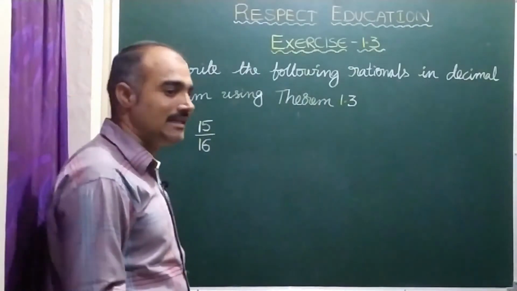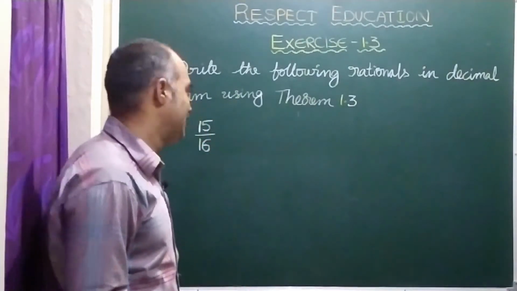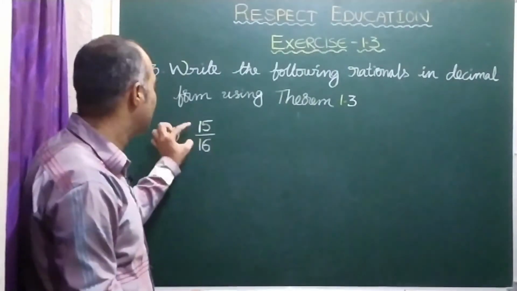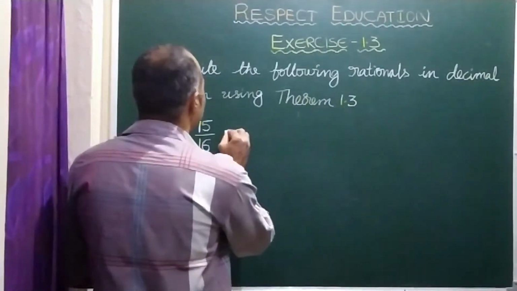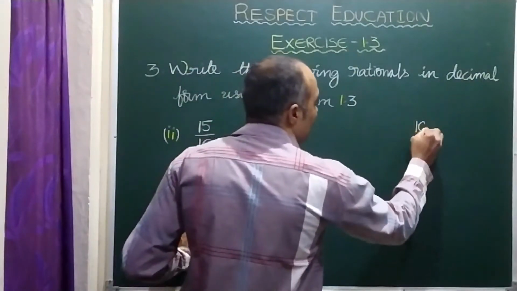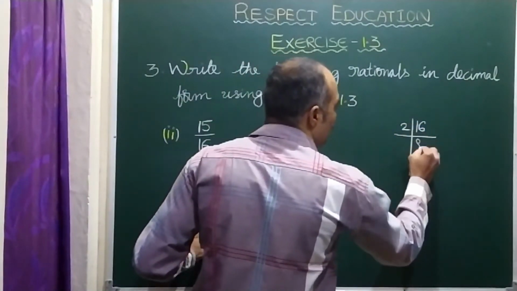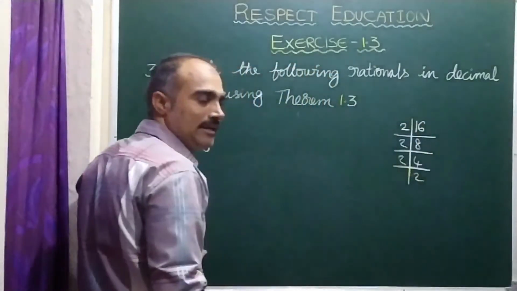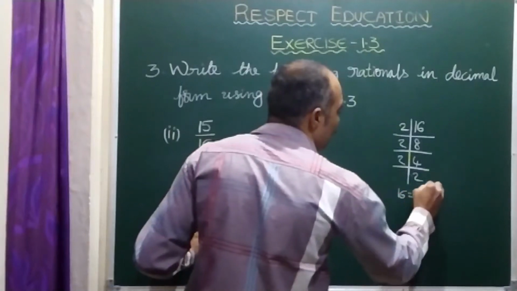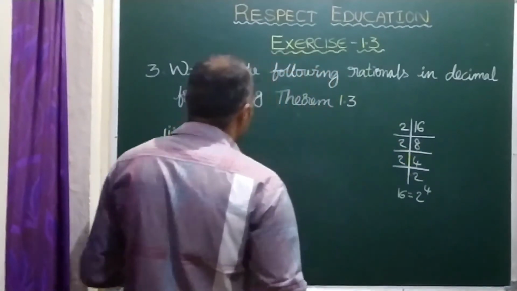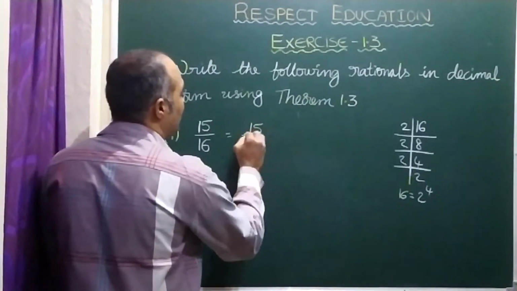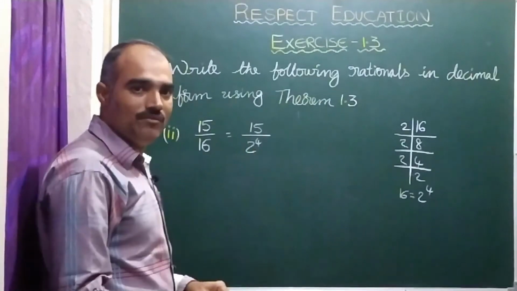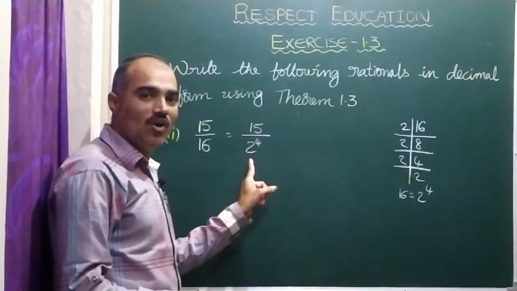Now let us do the next bit, that is the second bit, 15 by 16. First, before going forward, we need to check whether any cancellation is there or not. Here clearly there is no cancellation. So we take 16 and write the prime factorization: 2 8s are 16, 2 4s are 8, 2 2s are 4. So 16 can be written as 2 power 4. So here we write 15 by 2 power 4. As I told you, 2 has a friend 5. How many 2s are there?